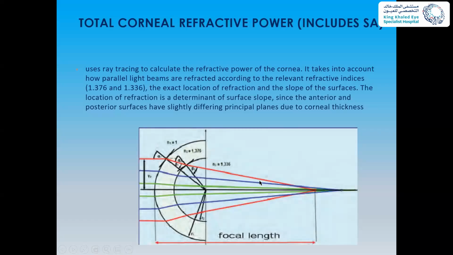So true corneal refractive power includes everything: the true net power, the location of the object, the slope of the surface, the internal reflection of the light, and the anterior and posterior surfaces. In actual fact, it is true net power plus the spherical aberration induced as the cornea goes more peripheral. This is the actual total corneal refractive power.